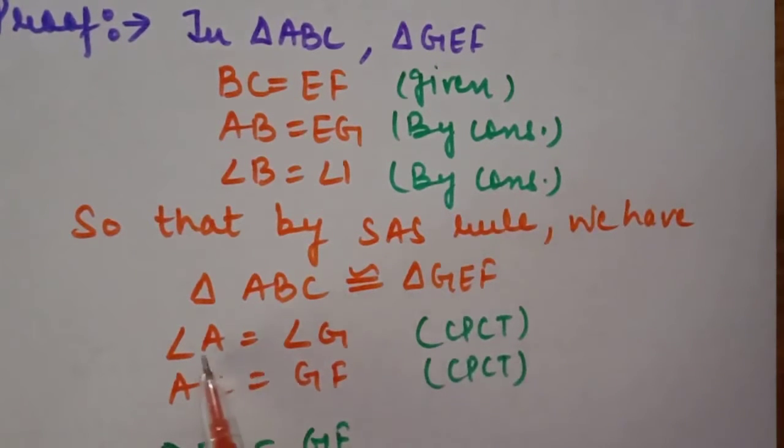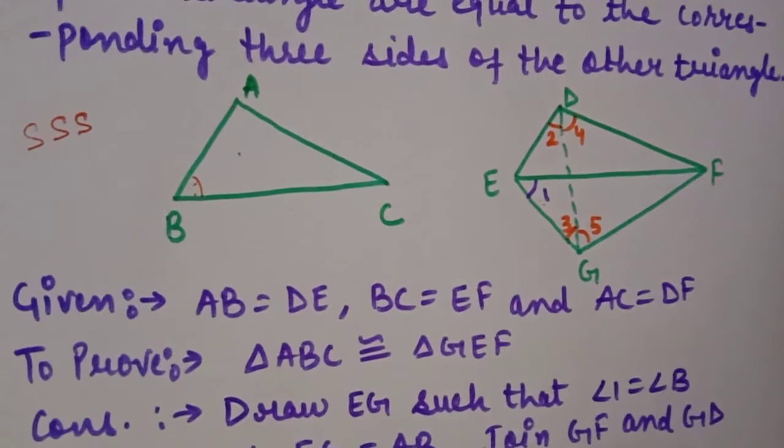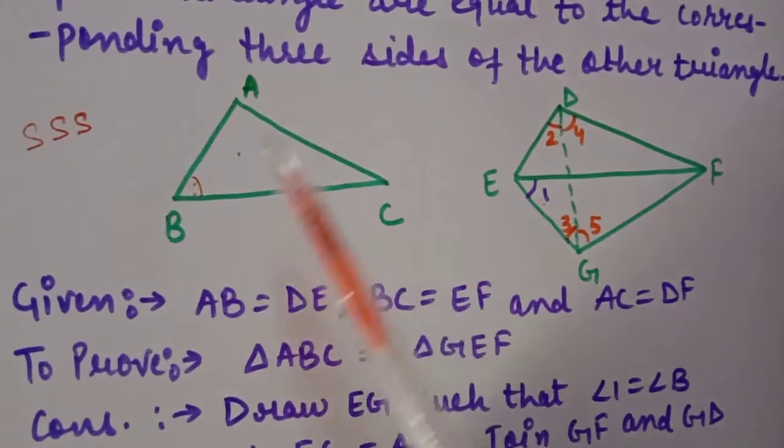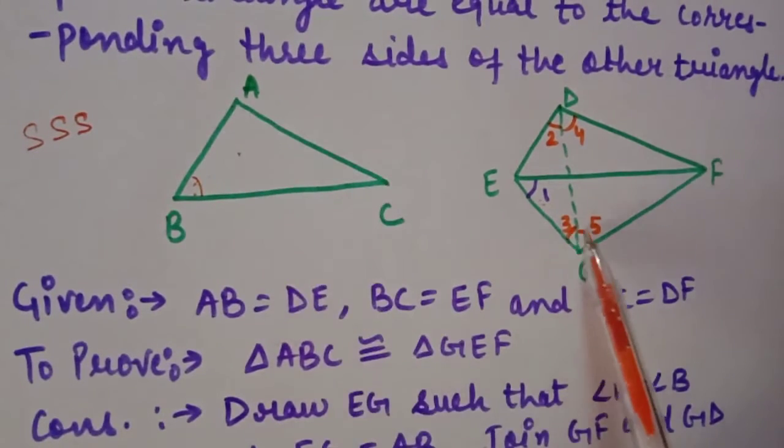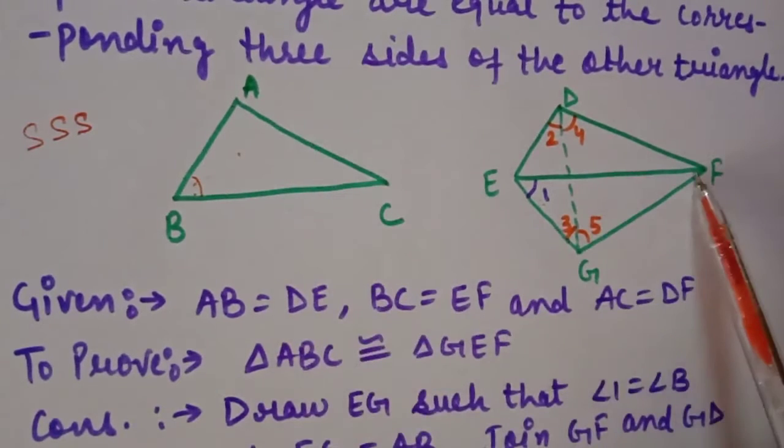I took two things, angle A and angle G are equal to each other by CPCT. AC and GF are equal by CPCT. We will discuss with the help of the diagram also. Angle A and angle G are equal to each other as CPCT. AC and GF are equal to each other by CPCT.